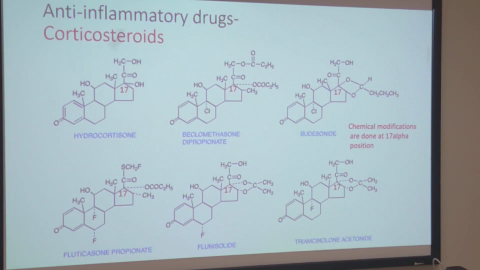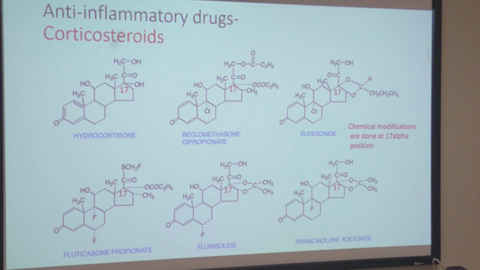How can you make the inhalers? What's the difference between the typical corticosteroids and the modified ones, like fluticasone or triamcinolone? There is a chemical modification involved, and that chemical modification occurs at the 17th position.